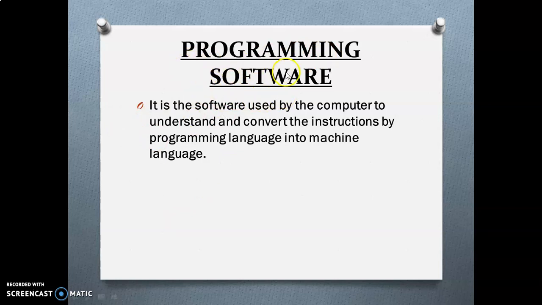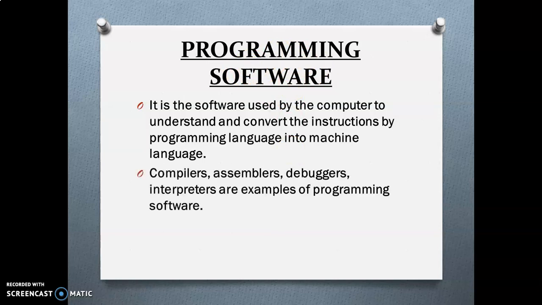Whatever instructions we give to the computer are given in high level language, and that high level language gets converted into machine language with the help of programming software.